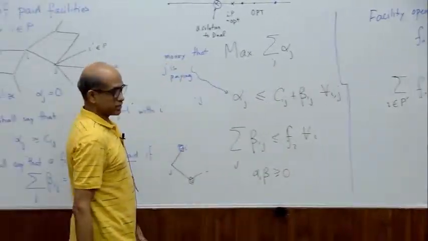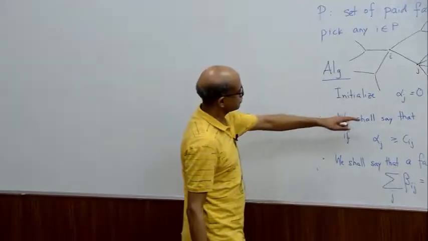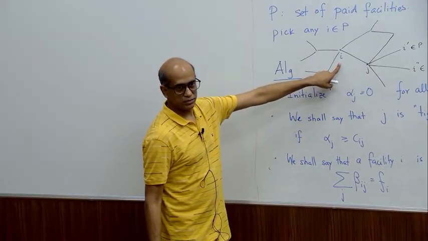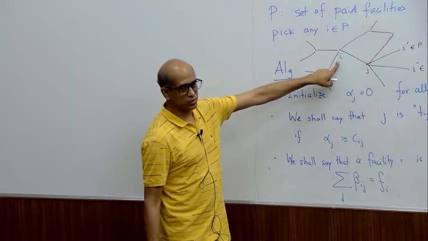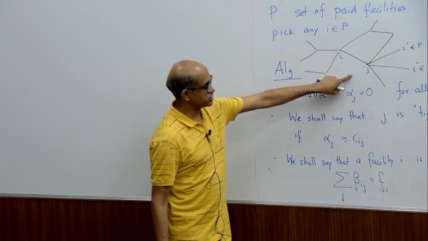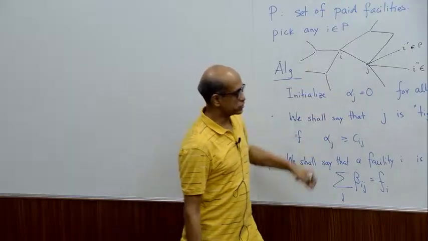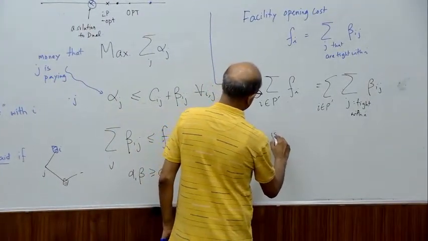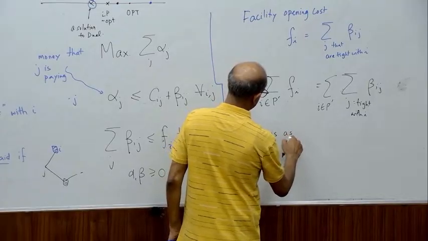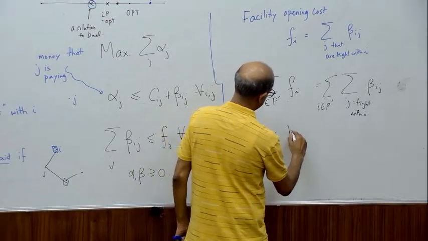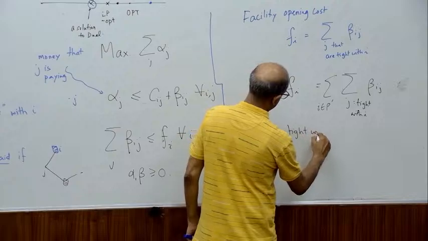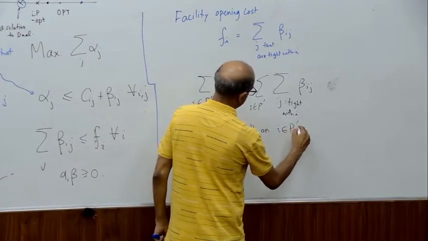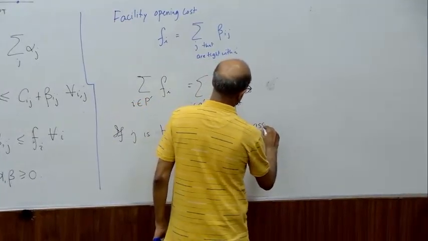What about the assignment cost? If j is getting assigned to an open facility, this assignment cost is Cij. So if j is tied with a facility I in P prime, then the assignment cost is Cij.